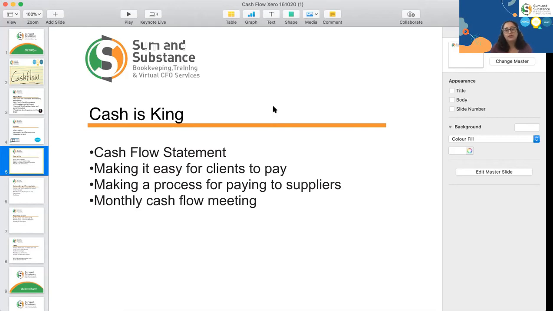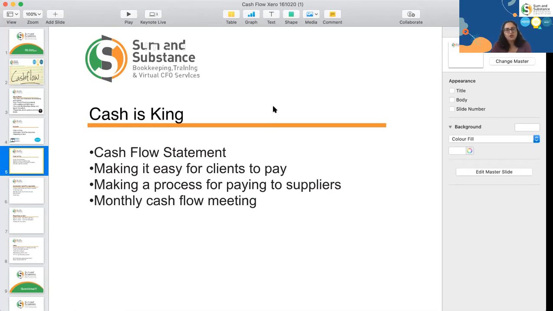Then making a process for paying suppliers. This is another big problem, actually, which I see very commonly with a lot of business owners. The bills, again, get paid reactively rather than proactively. So rather than having a system in place about when to pay suppliers, ATO, and everyone, normally they'll get an invoice, they'll pay it straight away, or they'll put it in the filing pile, they'll pay when they can, type thing, right?